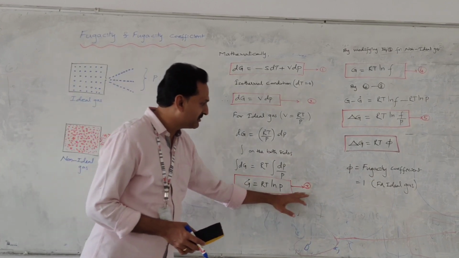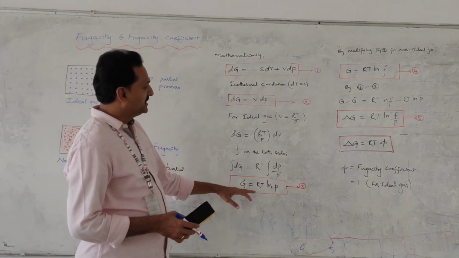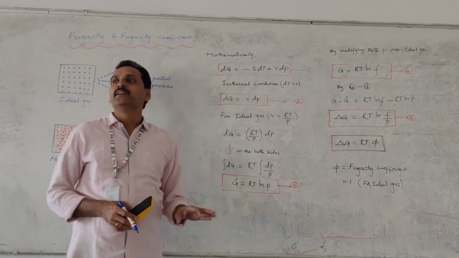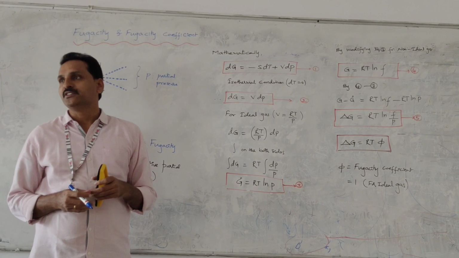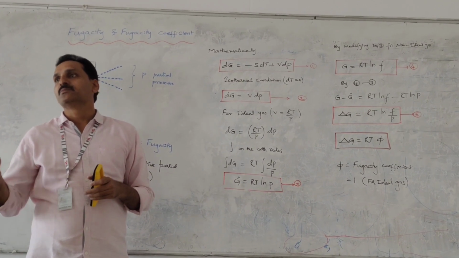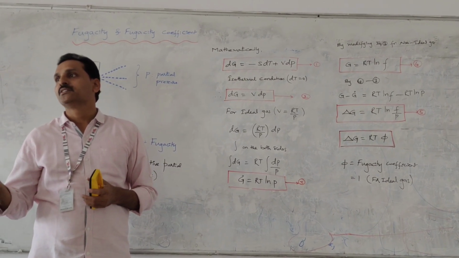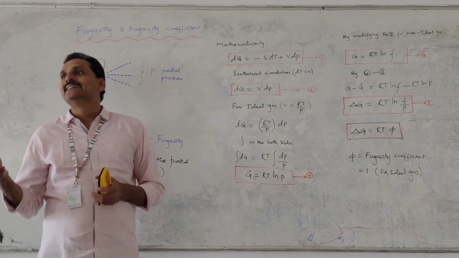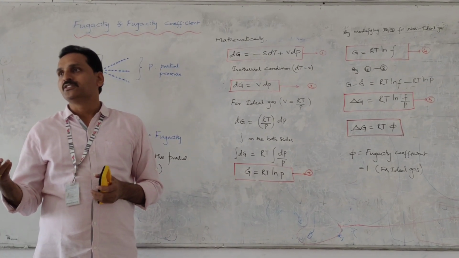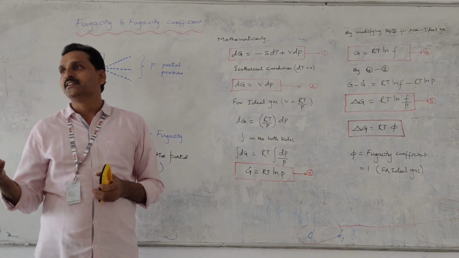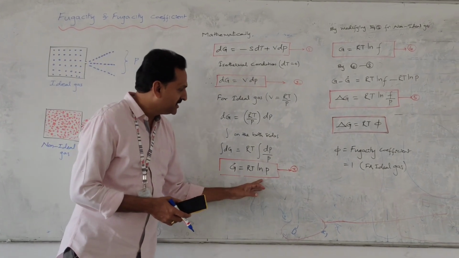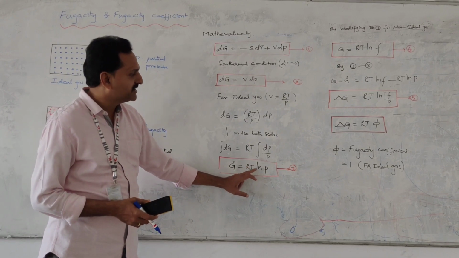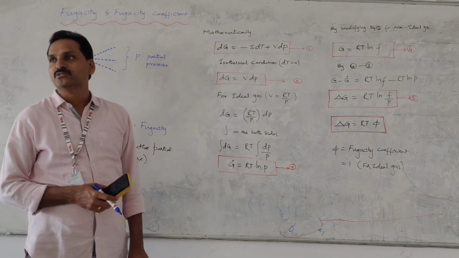Let's say this is equation 3. This equation 3 is valid for studying the behavior of ideal gases. Some examples of ideal gases are most of the inert gases, noble gases: argon, helium, xenon, radon. To study the behavior of ideal gases, this equation 3 is generally used.